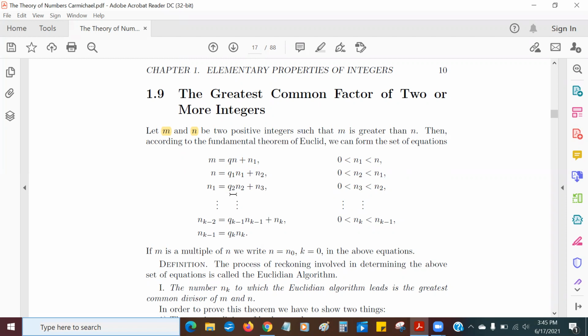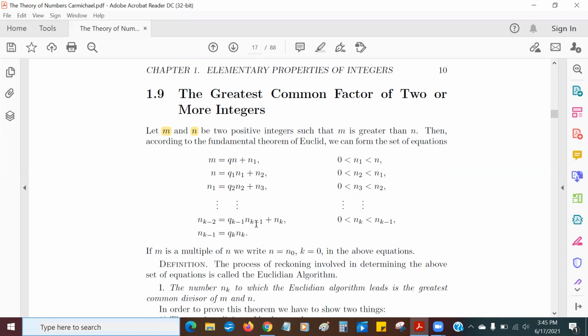Now n1 is equal to a second quotient times n2 plus the third remainder, dot, dot, dot, until I get to almost the last one, and I get n(k-2) equal to quotient (k-1) times remainder n(k-1) plus a new remainder nk. This new remainder nk, as you see, is going to be the GCF, of course.